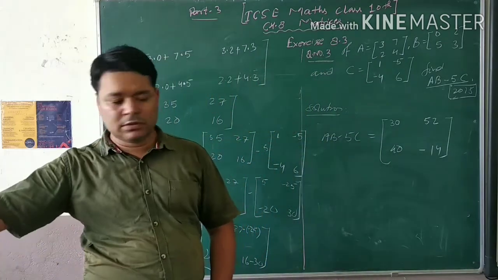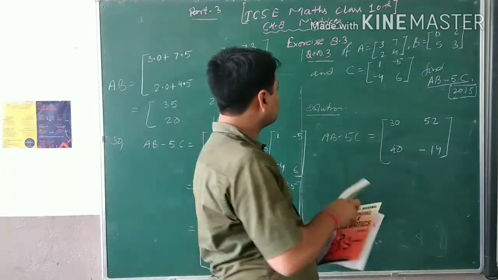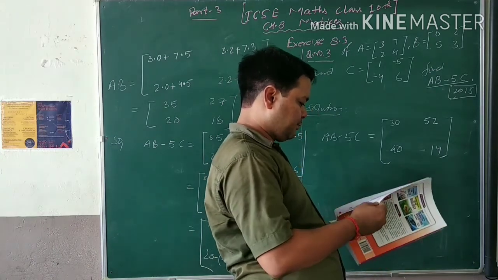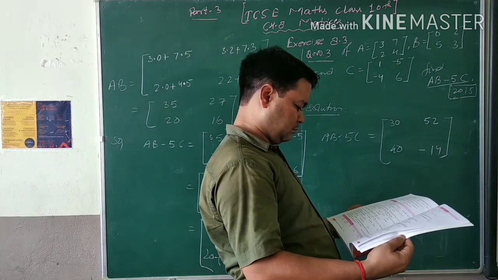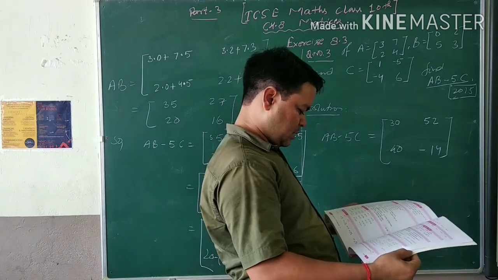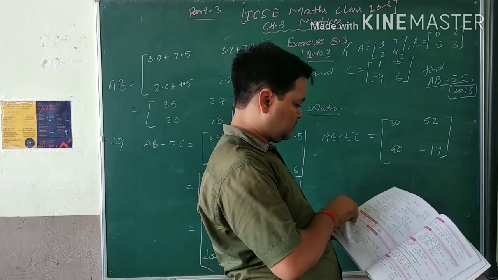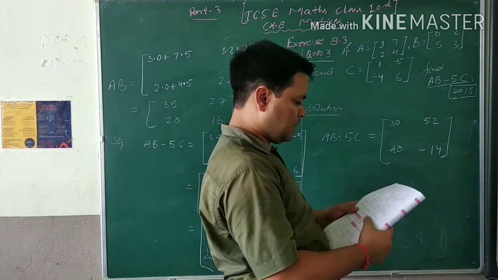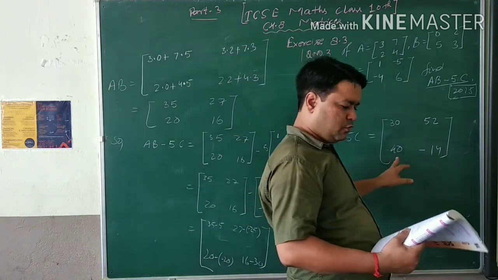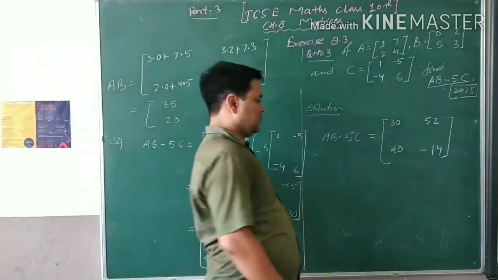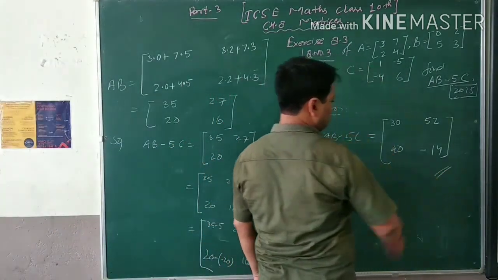Okay, this is question number 3. The answer is 30, 52, 40, minus 14.